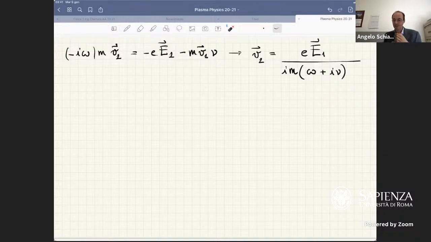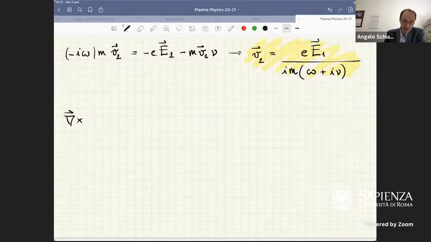Okay, now let's do the same for Faraday's law and for Maxwell-Ampere's law. So let's highlight this. We are going to use this later on. This is the first derivation, for Newton's law for the electron. Now Faraday's law.